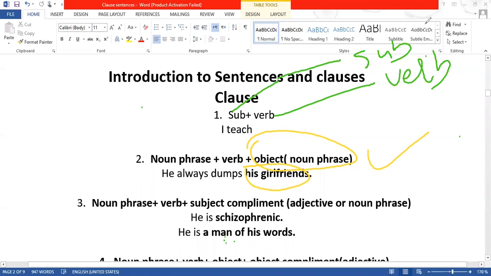Now, there is another way of writing a clause: he is schizophrenic, or he is a man of his words. Again, where is the subject? This, he, is the subject. Where is the verb? This is a verb, and it is a state verb. See, we just did it.